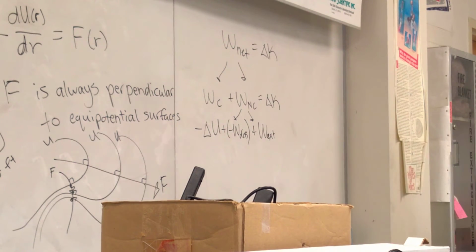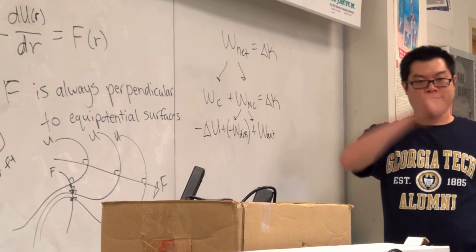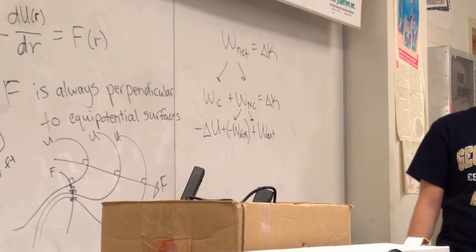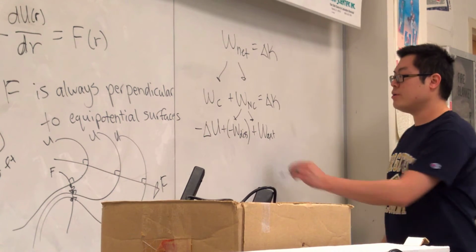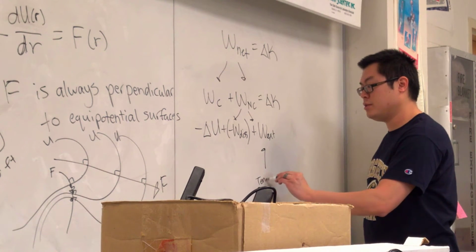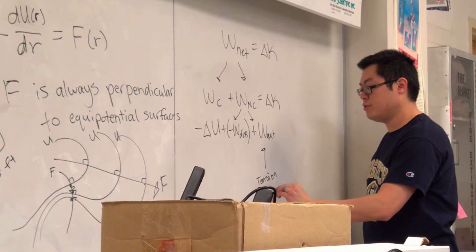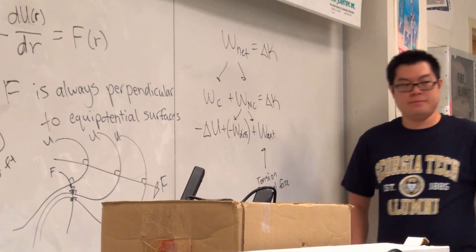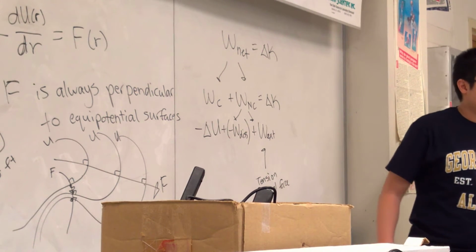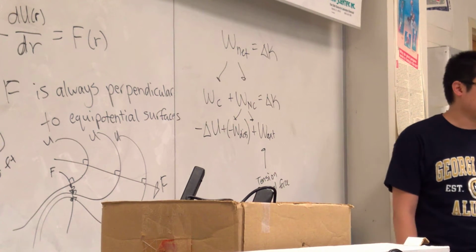External forces is kind of just a grab bag term, everything that is not these. External forces tend to be like tension, normal force, stuff like that. You push on it with your hand, whatever.